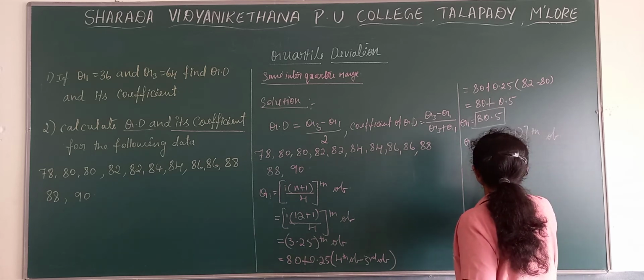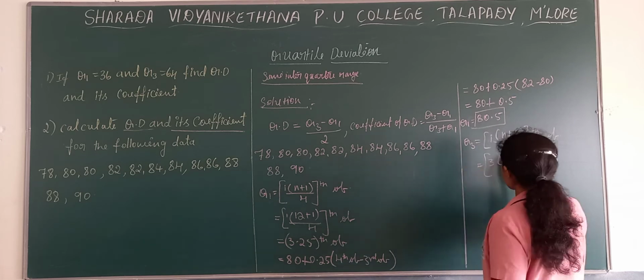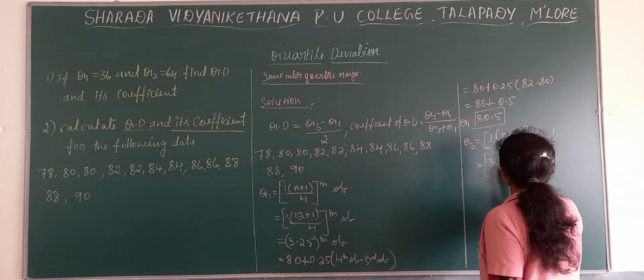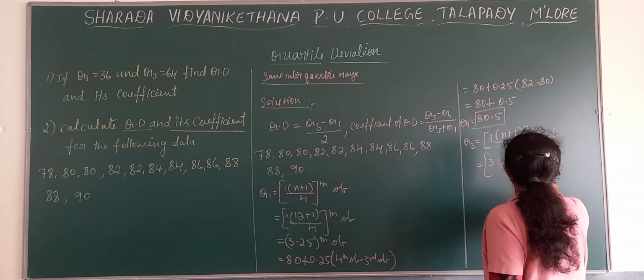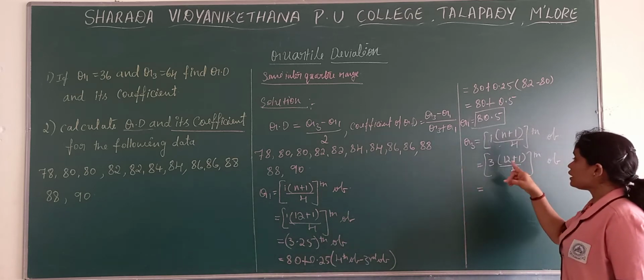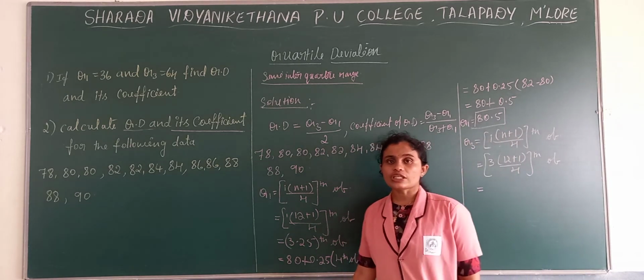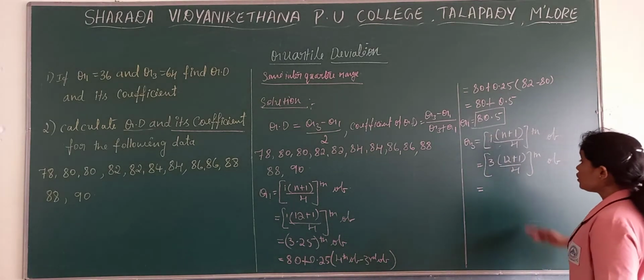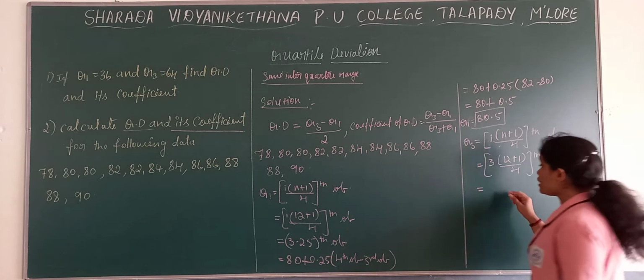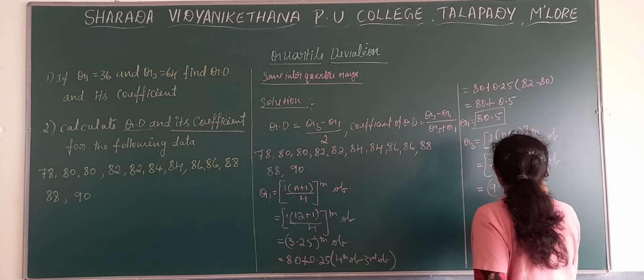Now i is 3 here. N, the total number of values, is 12, plus 1, divided by 4 observation. So now 13 into 3 divided by 4, you get 9.75 observation.